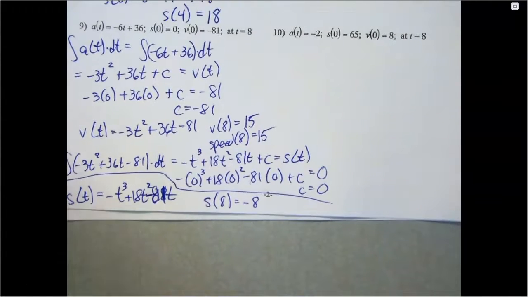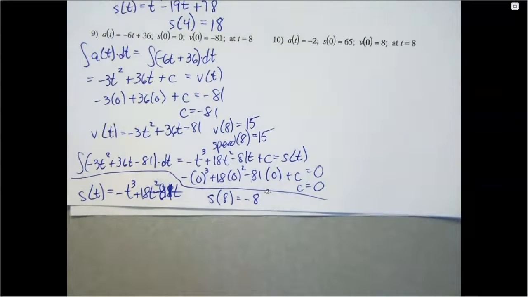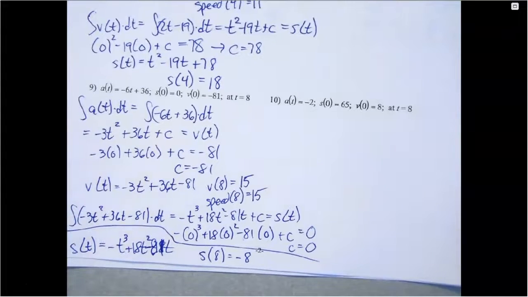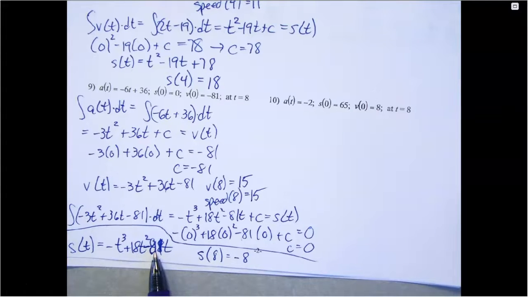What's the word for 9? Question on 9? Negative t to the third plus 18t squared minus 81t. Is that okay?